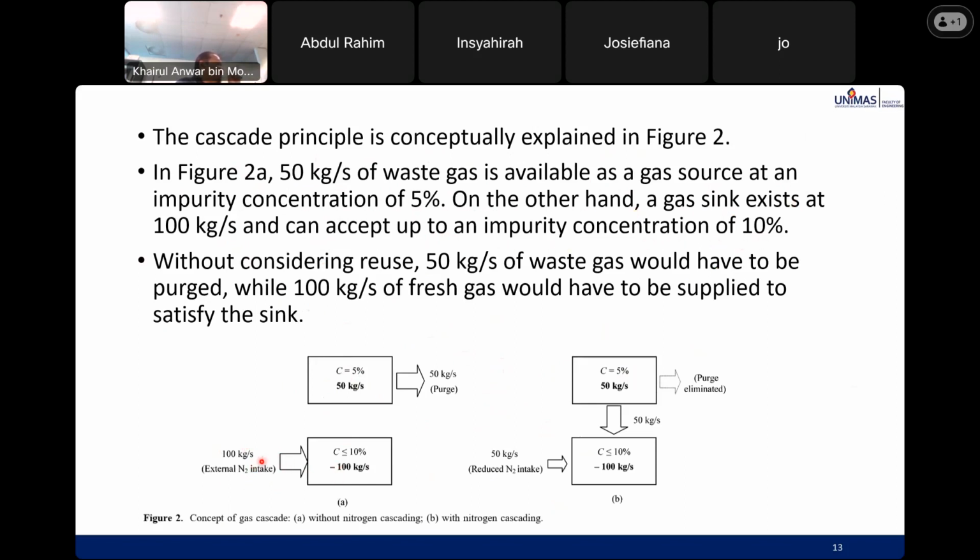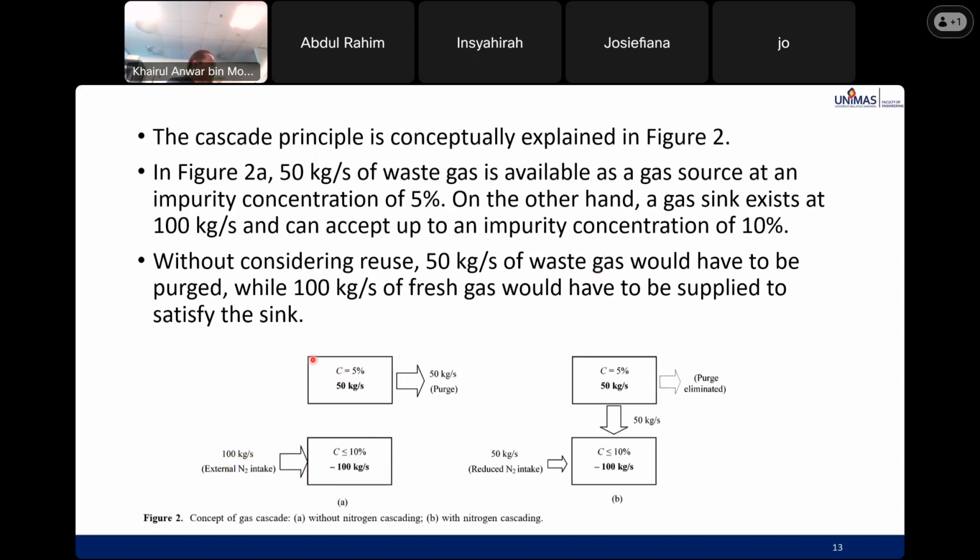In the case mentioned in the paper, the feed of fresh nitrogen is 0%, but the requirement for that fresh feed is that it can accept up to 10% relative concentration.